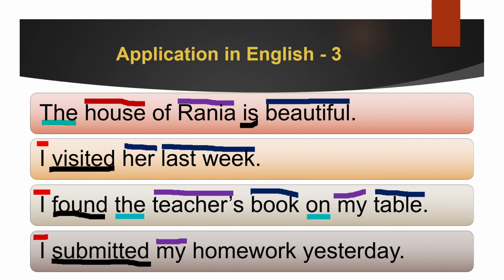And then homework, it is nasab because it's telling what I submitted. And then yesterday is another detail. When did you submit? I submitted it yesterday. Therefore yesterday is also a nasab. See, is this clear? Is everything I did just now clear for you? Again, we are skipping of because of doesn't exist in Arabic.